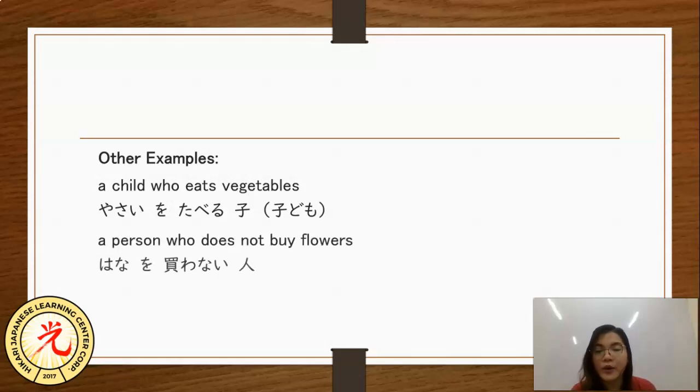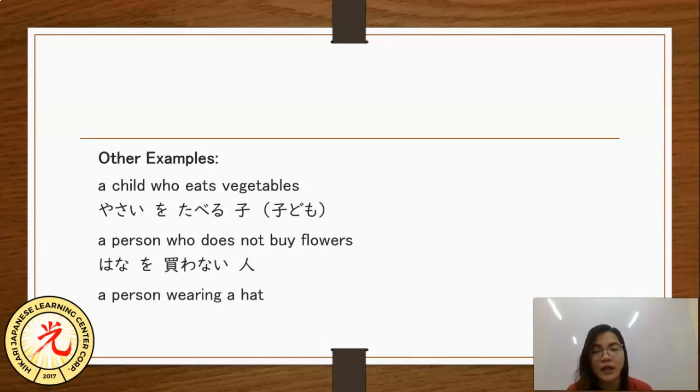Another, a person who does not buy flowers. Buy is kaimasu. Since it is negative, in plain form that would be kawanai. So in Japanese, hana o kawanai hito.